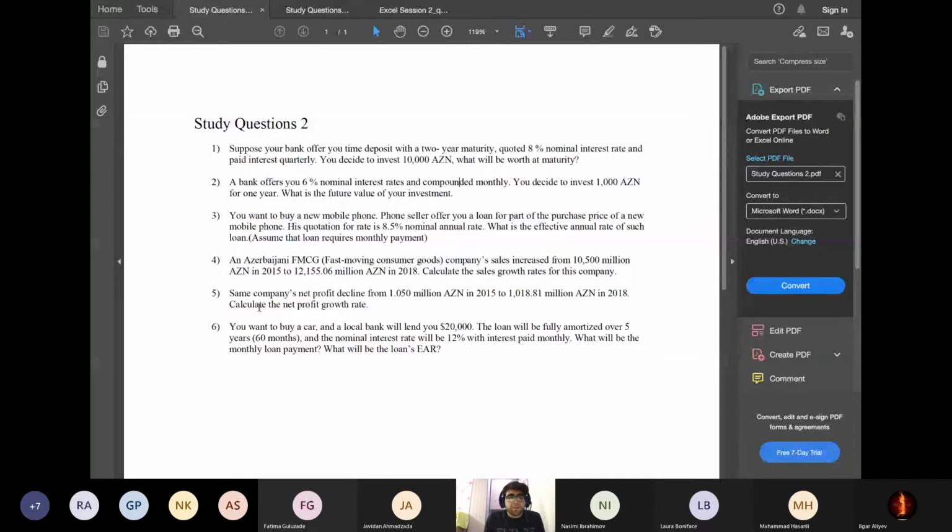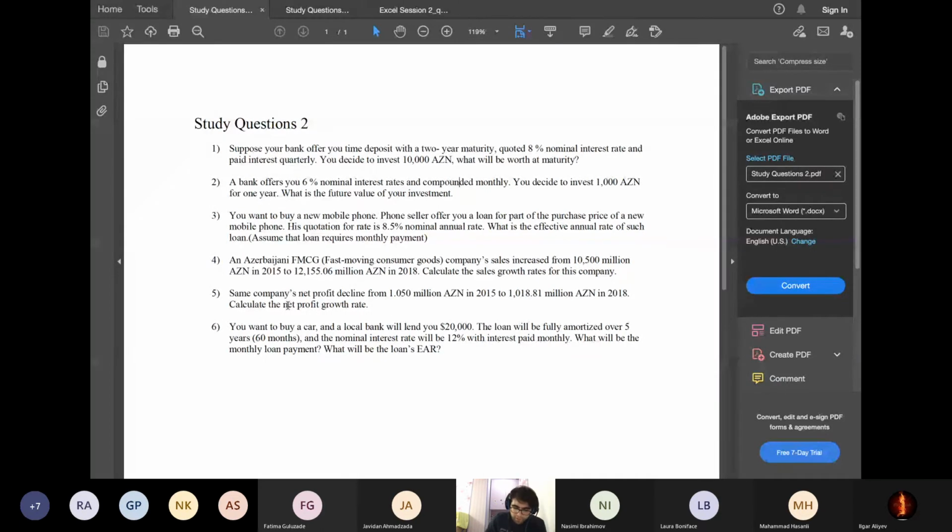Okay. Fifth question says the same company's net profit declined from that amount in 2015 to this amount. Calculate the net profit growth rate. So the profit declined, therefore the growth rate should be negative. Present value and future value 18.81 M. Number of periods 3 years.